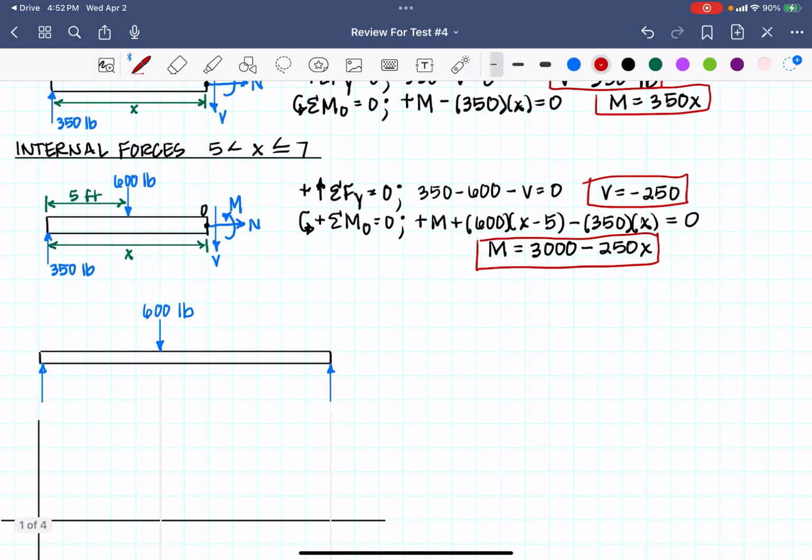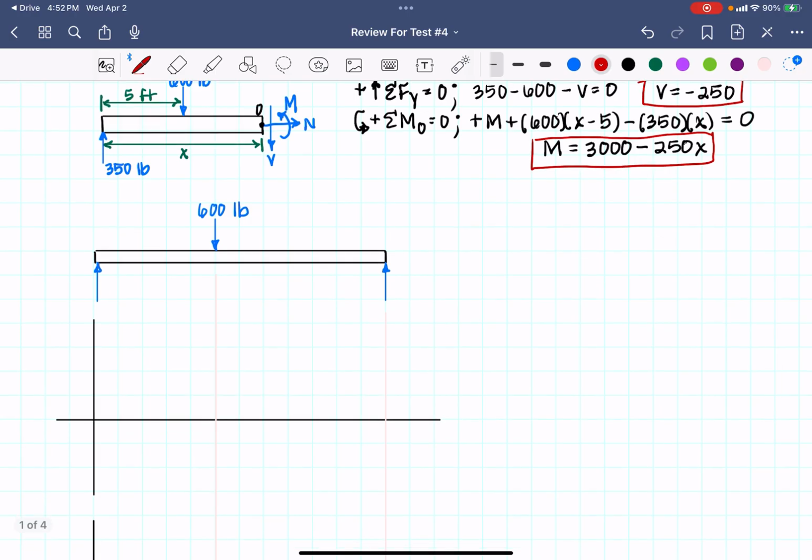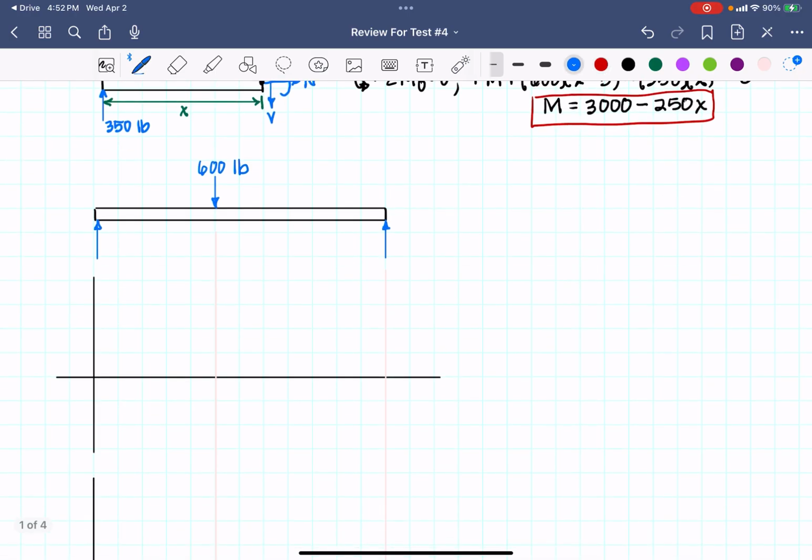So for my diagram, I've got my axes here. I need to put in what my reaction forces are. I've got 350 pounds there and 250 pounds here. So when I look at my first table, which is my shear, in pounds, I'm going to start at 0, and at 0, I already have a 350-pound force going up.